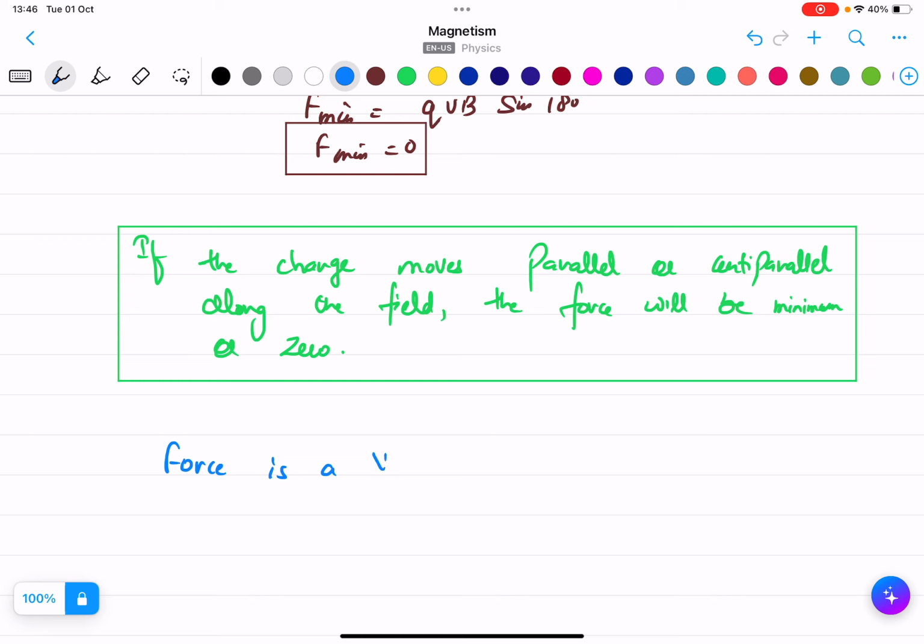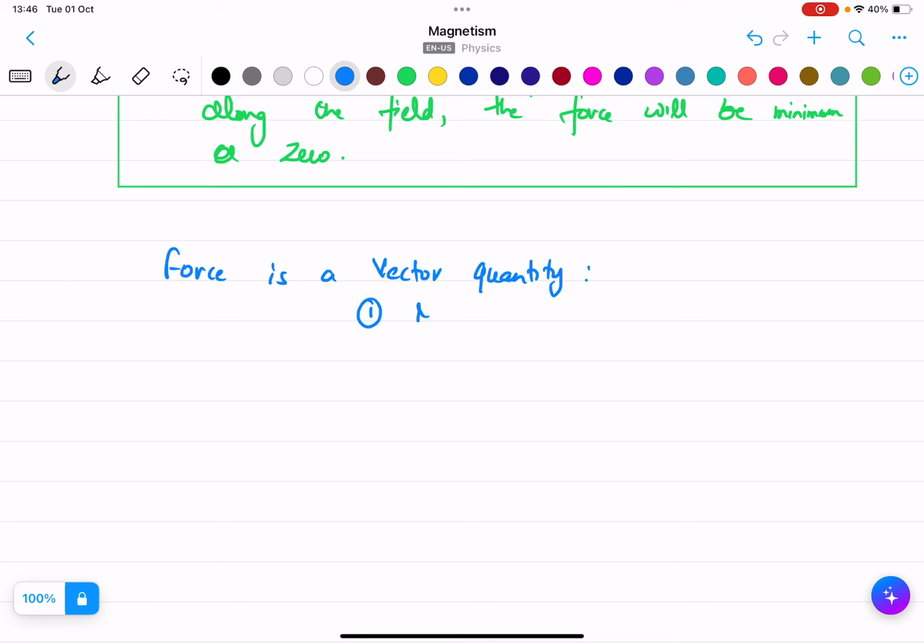Vector quantity means it will definitely have a magnitude and a direction. Earlier, we spoke about the magnitude: we use the formula and calculate the force, like 14 Newton or 15 Newton. But I have not spoken anything about the direction of force.